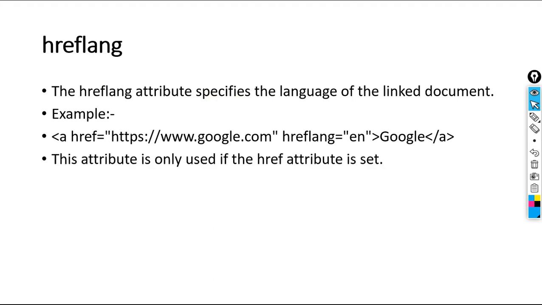Now, this attribute is only used if the href attribute is set. Means we cannot directly use hreflang. First we have to set the href attribute, and only then can we make use of hreflang.